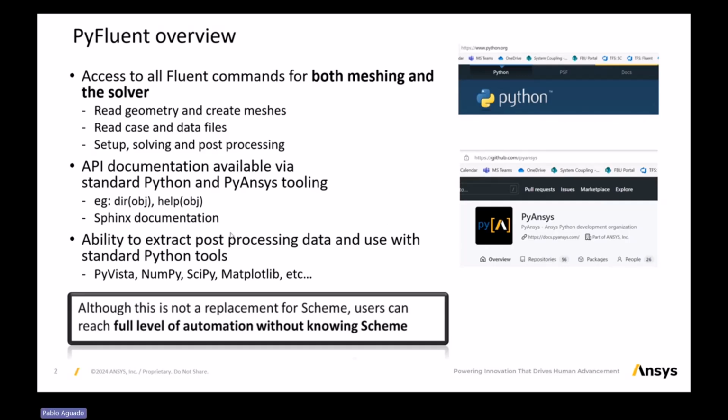But the idea is that any user that doesn't know anything about Scheme can still reach a full and mature level of automation, so that you can automate your workflows end to end without any restriction of having to know other languages like specific keywords for journaling or specific actions in Scheme.